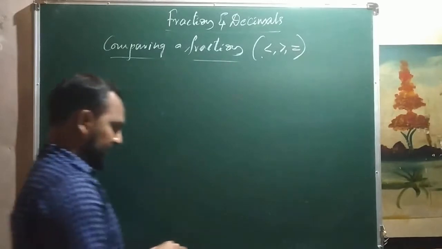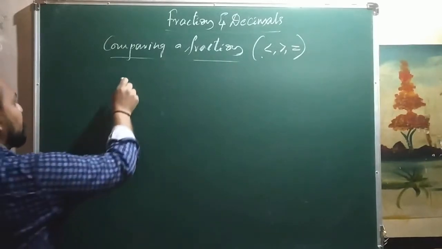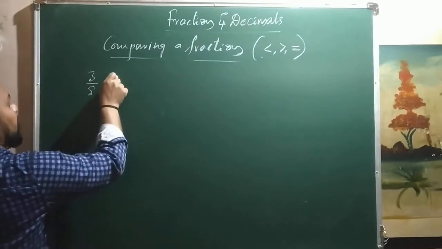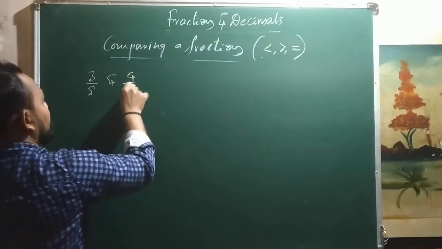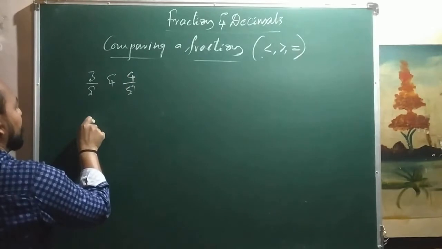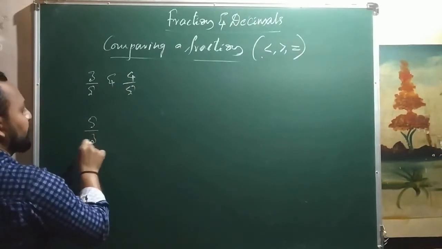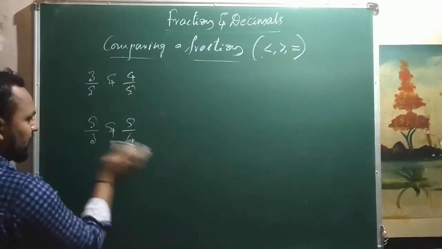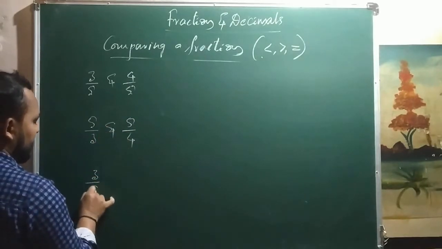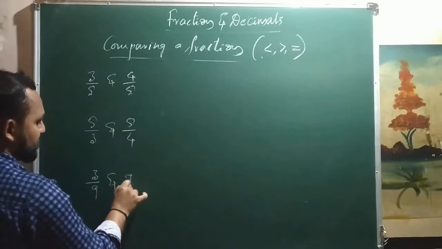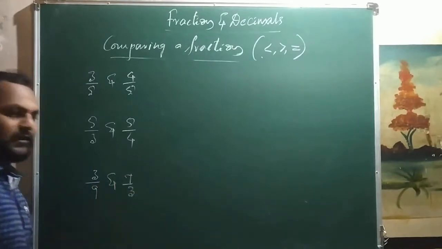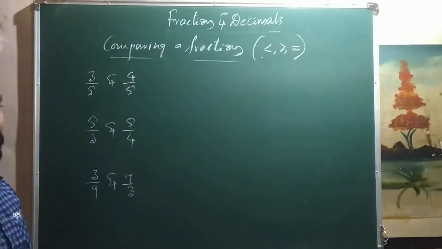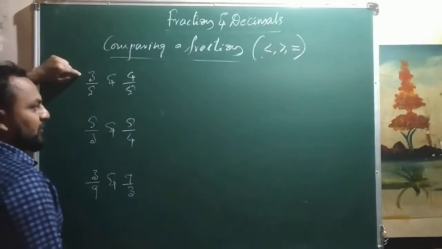The next one is 3 by 5 and 4 by 5. Then 5 by 3 and 5 by 4. The next, 3 by 9 and 7 by 3. Compare these three fractions. Which one is greater?